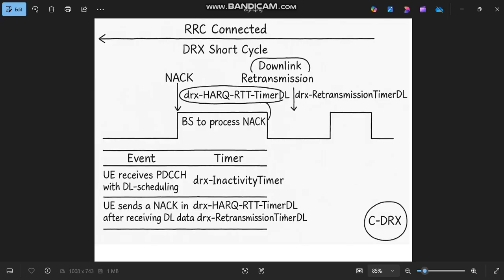If the downlink data we get is erroneous, we send a negative acknowledgement from the UE to the base station, because we are appealing for retransmission. At that time we have another timer called the DRX HARQ RTT timer. HARQ and RTT, I will explain.